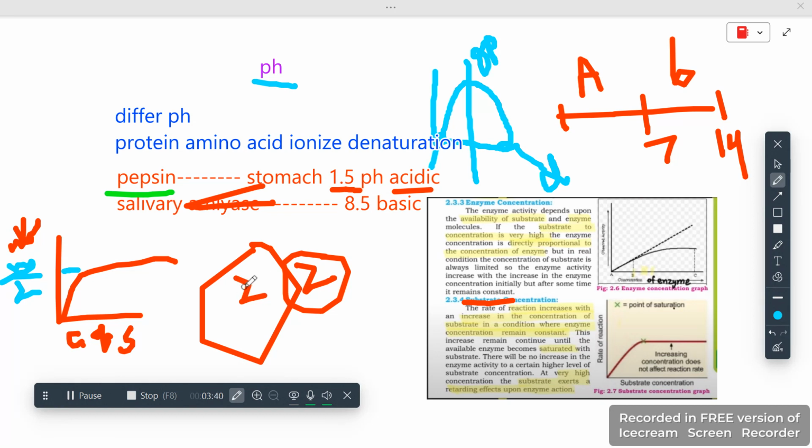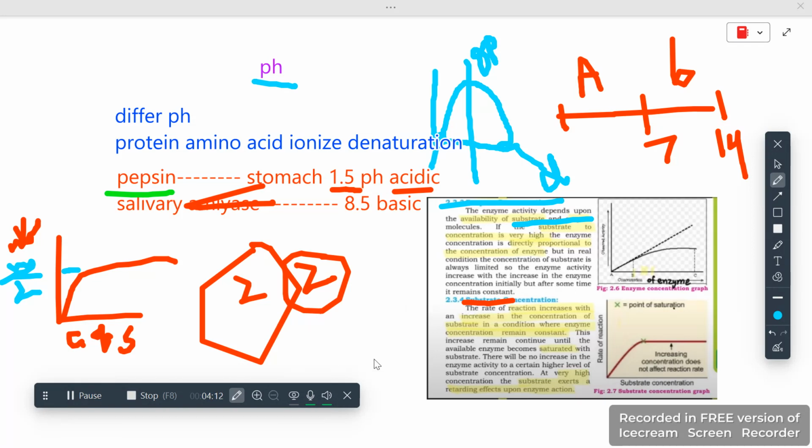This means they need a particular concentration, as we did with competitive and non-competitive inhibitors, where the one whose concentration is more was about to be added. The same goes here. They need a particular enzyme concentration to work properly, and the activity depends on the substrate and enzyme. If the substrate is high, it attaches in direct proportion to the enzyme.